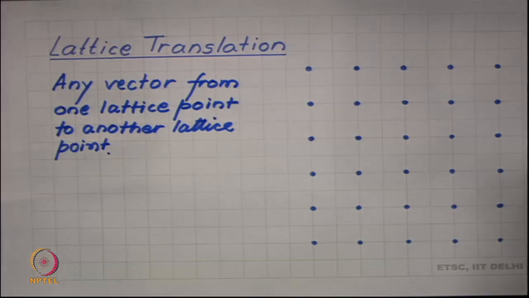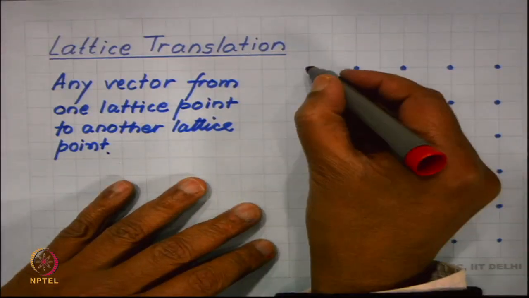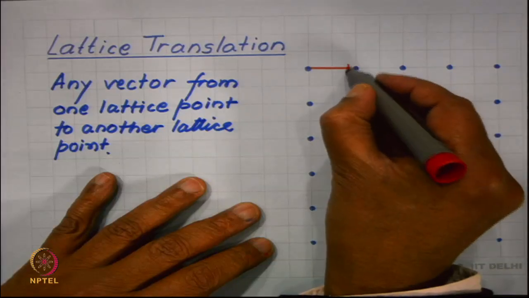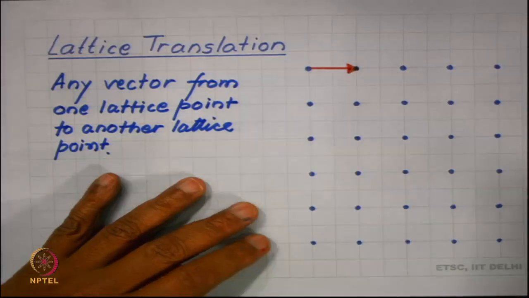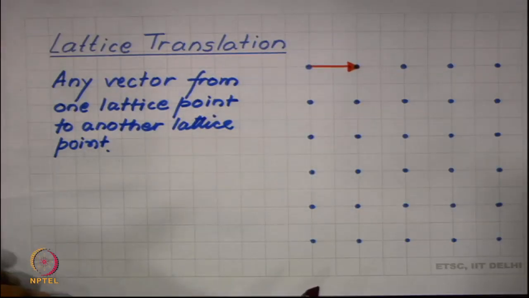I will draw some examples here. So, for example, I take this as my lattice point and I draw a horizontal vector up to the next nearest neighbor in the horizontal direction.